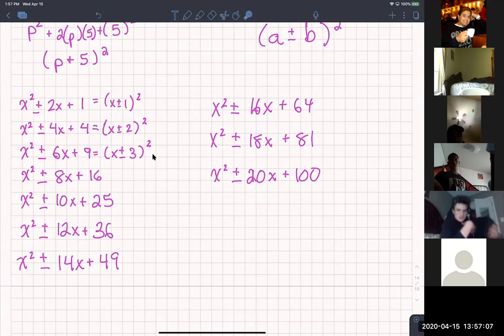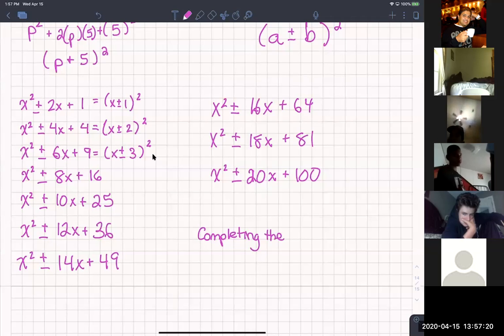Okay, and it is important for you to look at these patterns and recognize them, because eventually we're going to be doing something called completing the square. And if you do not know what a perfect square trinomial is, you will not be able to complete the square. Again, I'm not asking you to memorize it. I'm asking you to look for a pattern.